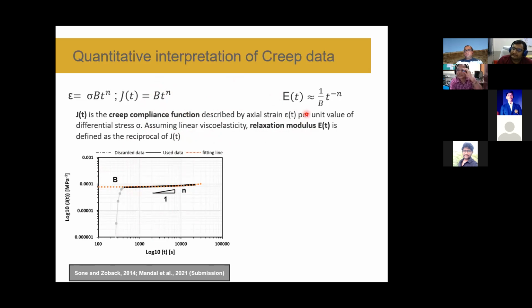The other concept is the relaxation modulus, which is inversely proportional to the J(t) function, which is 1 over b, t to the power minus n. Mathematically, it can be shown that relaxation modulus is the inverse of creep, and in our data we see exactly the same thing, which I am going to show now.